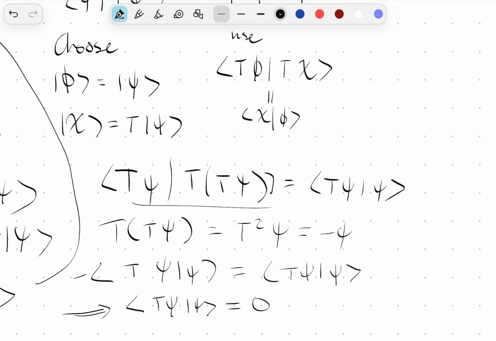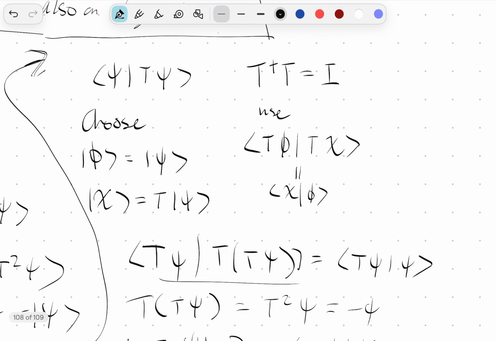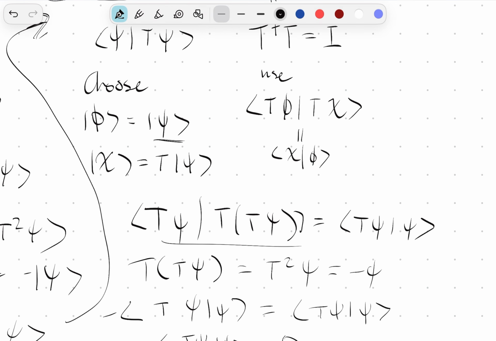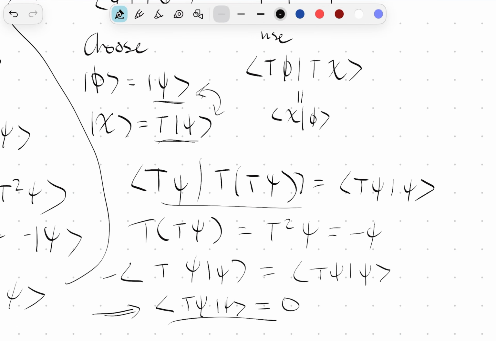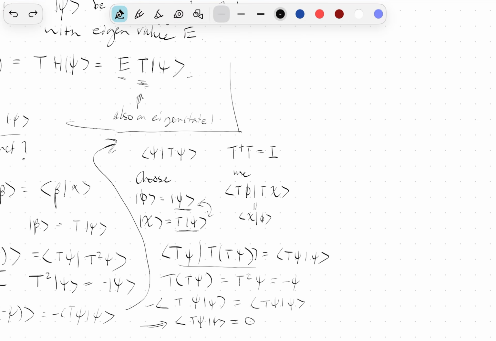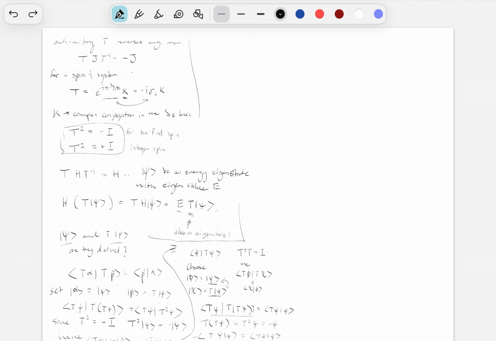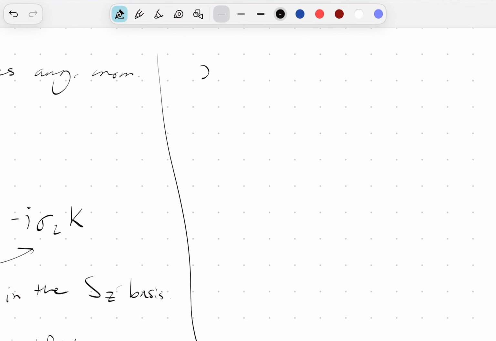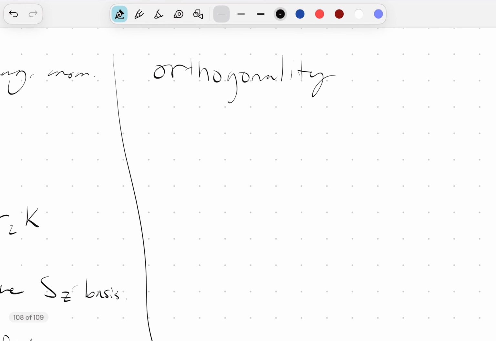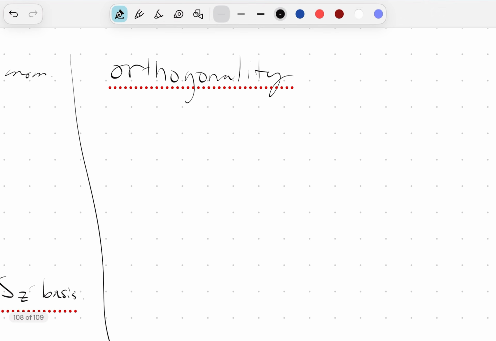So we've set it up in such a way that psi and T acting on psi are actually orthogonal to each other, right? They actually have to be orthogonal. And since they share the same energy, we have orthogonality, so we've concluded orthogonality between the time reversed states, and also that they share the same energy.